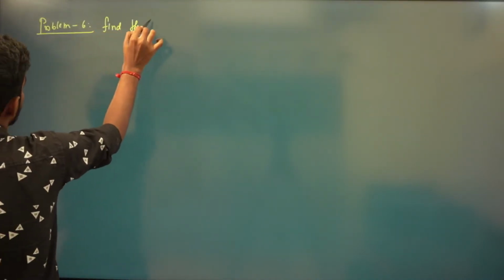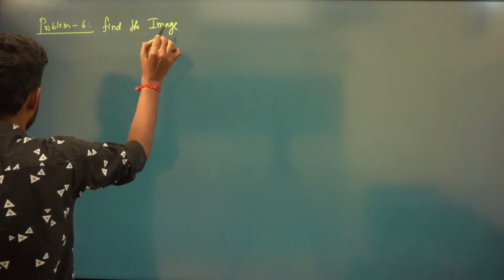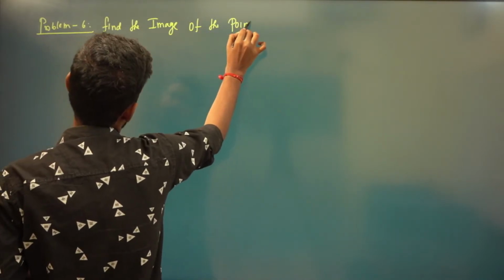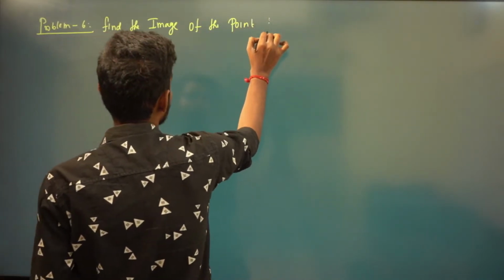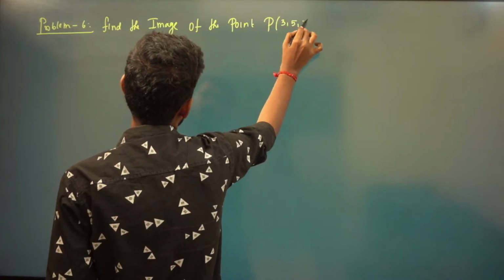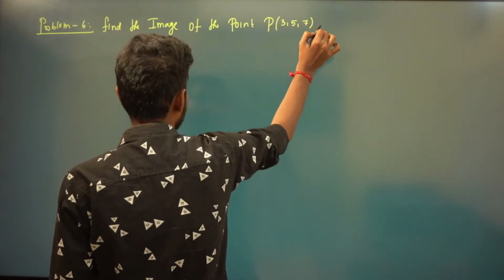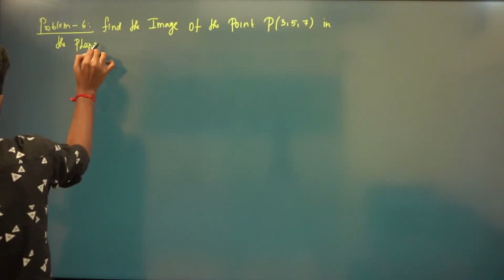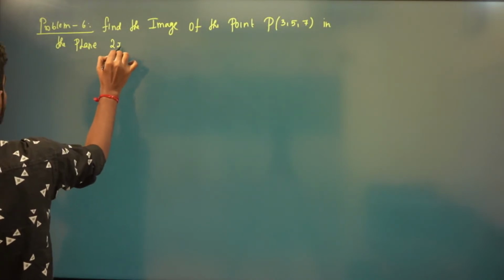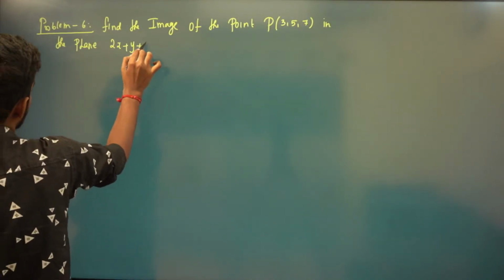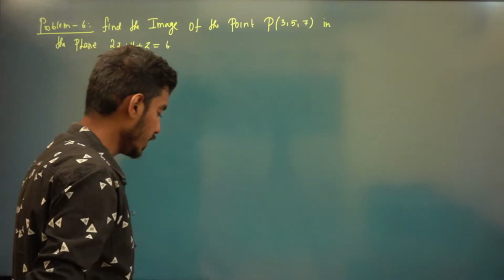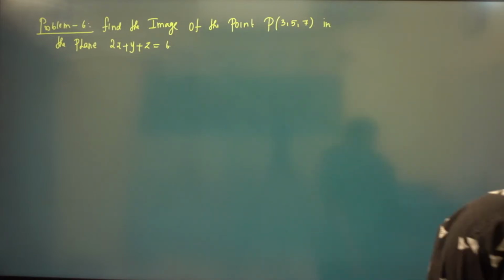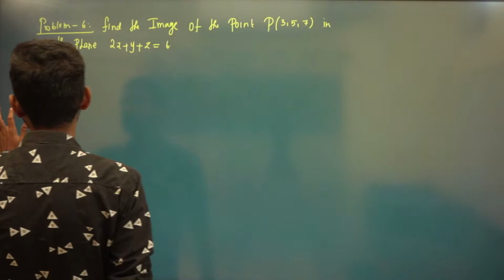Find the image of the point P, which is 3, 5, 7, in the plane 2x plus y plus z is equal to 6. So we need to find the image of the point 3, 5, 7 in the plane 2x plus y plus z is equal to 6.